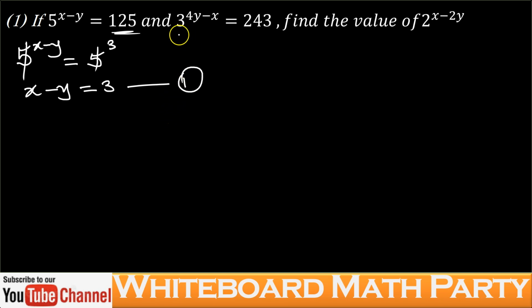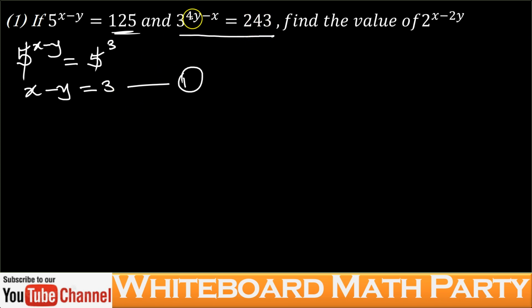Before we can proceed, now we're going to look at this part. To look at this part, we need to express 243 in powers of 3. If you check, 3 to the power of 5 gives you exactly 243, so we can write it as 3 to the power of 5. This is what I mean.